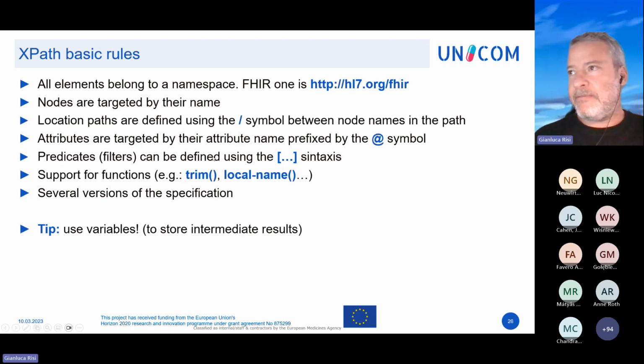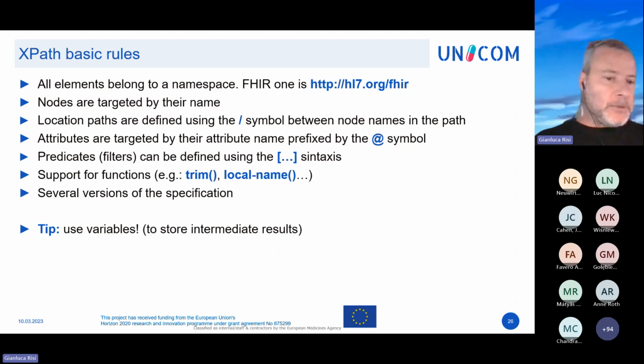In the case of FHIR, the namespace is hl7.org/FHIR. If you want to target an XPath element or node, you need to target it by its name, and in the case of hierarchies of nodes, the names are separated by the forward slash symbol.